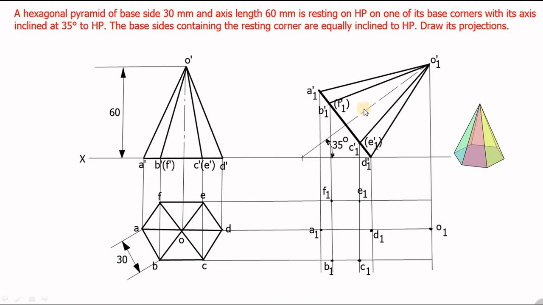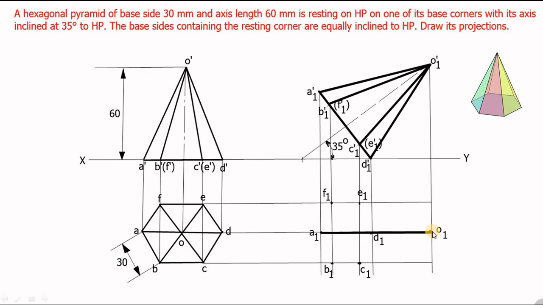Okay. So now we have to draw the visible lines. So when you see from top, A1 dash and O1 dash will get visible. So here you can join A1 and O1 in continuous dark line. Okay. So now let us move this side. So remaining edges can be seen from here. So when you see from here, AF, AB will be visible, AO will be visible, FO will be visible, BO will be visible.